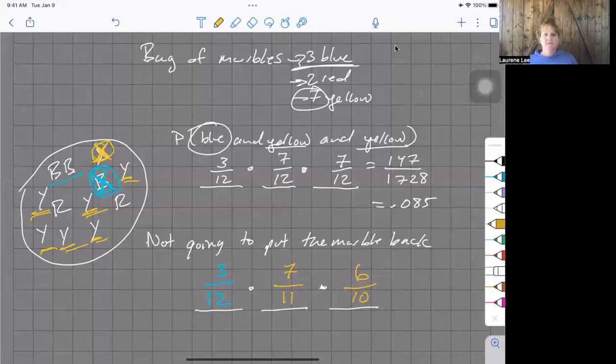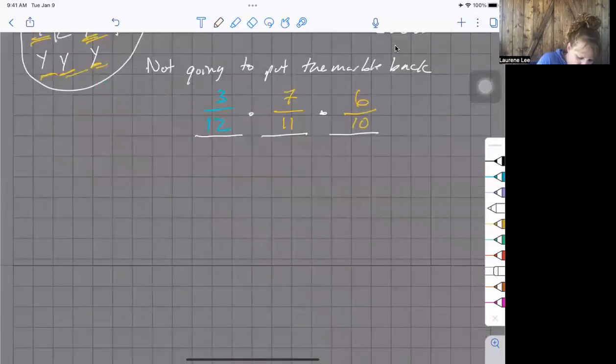Okay. This is an illustration of what the difference is between what we call an independent and a dependent event. So let's write those terms out.